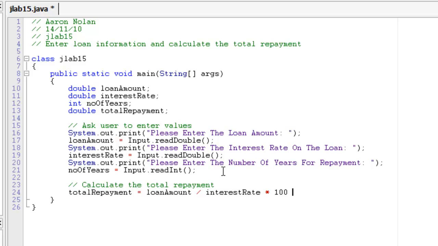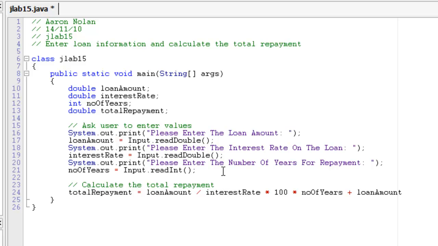Then we need to add that to loanAmount, so plus loanAmount. Okay, and then finally we have to multiply it all by the number of years. Oh wait, no. Sorry, that's wrong. Did that the wrong way around. So do all that, then we multiply it by the number of years, and then finally we add it to loanAmount.